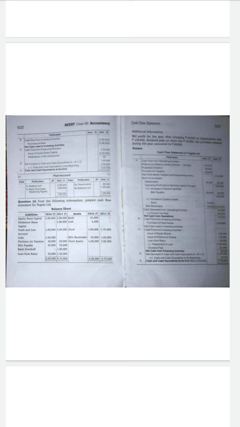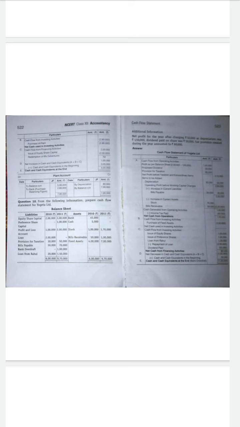So 2010 there is a 2 lakhs loan, but 2011 there is no amount in that column, so it indicates the 2 lakhs is repaid to the person from whom it is borrowed. Repayment means the 2 lakhs amount is going outside.